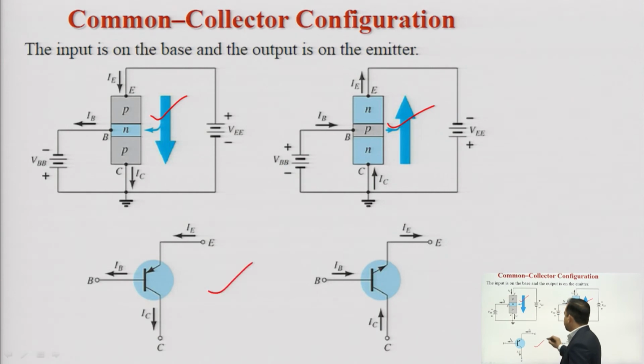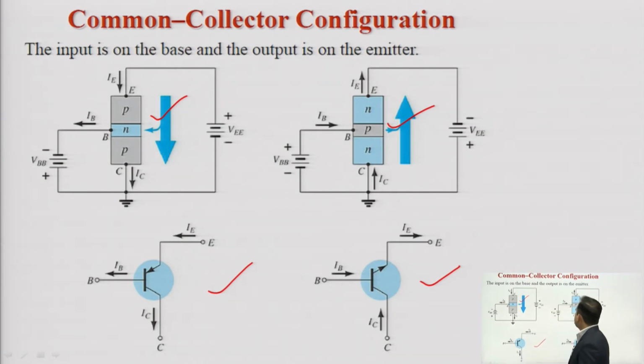We have seen that in a PNP the current will be reaching the device, and in the NPN the current will be going out from the device. So, the direction of the arrow will be as per the conventions.